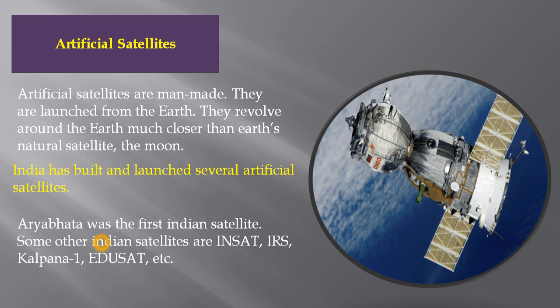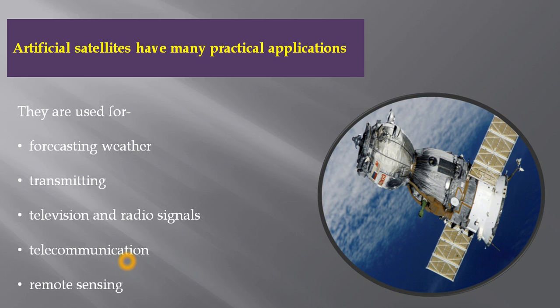INSAT is the Indian National Satellite, IRS stands for Indian Remote Sensing Satellite, and EduSat, EDU, stands for Education Satellite. The agency responsible for the development of these space science programs in our country is the Indian Space Research Organisation, that is ISRO.